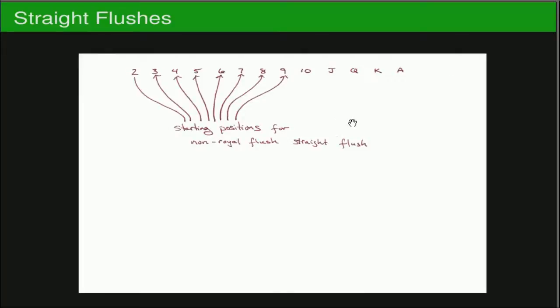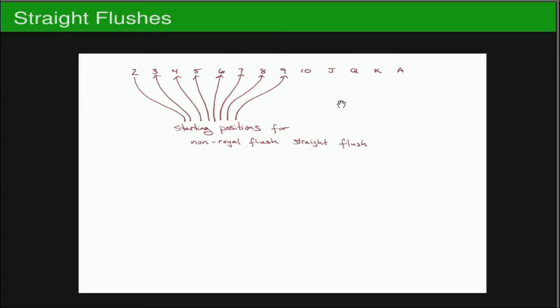We'll do that by listing all of the numerical orders that we can have for the cards. Here we're assuming ace is high, so we've got values of 2, 3, 4, 5, 6, 7, 8, 9, 10, then our jack, queen, king, and ace. If we're talking about a non-royal straight flush, then we can look at the positions.